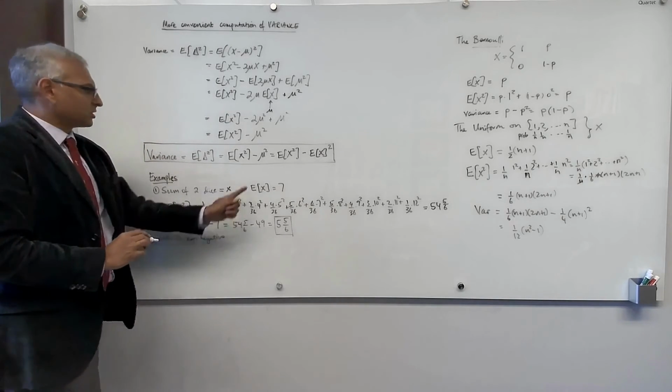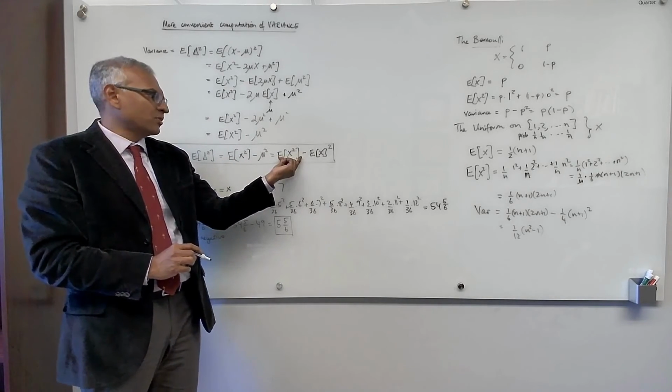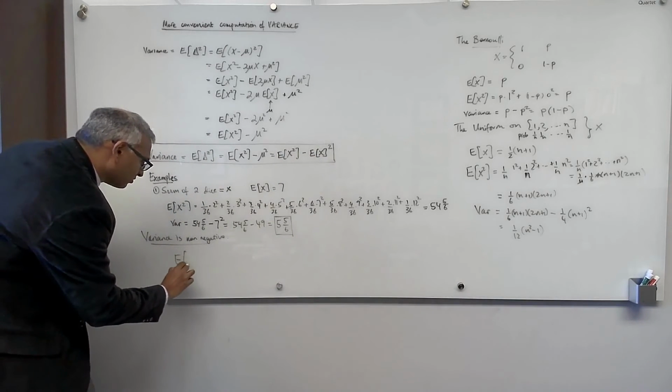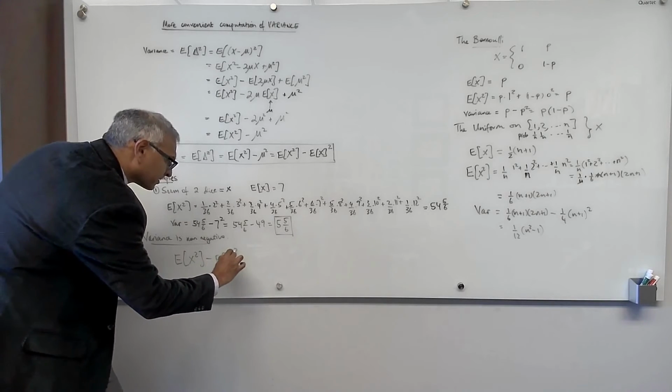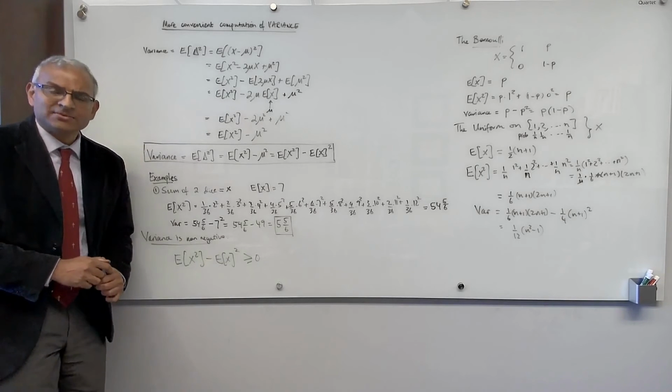So this formula that we have for the variance, which is that it's the expected value of the square minus the square of the expected value, says that the expected value of the square minus the square of the expected value has to be bigger than or equal to 0 for any random variable.